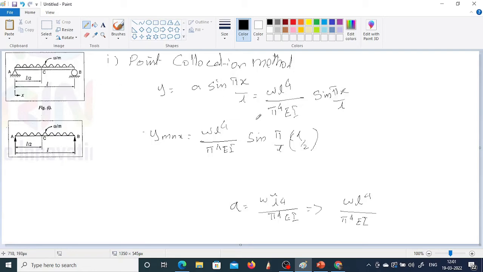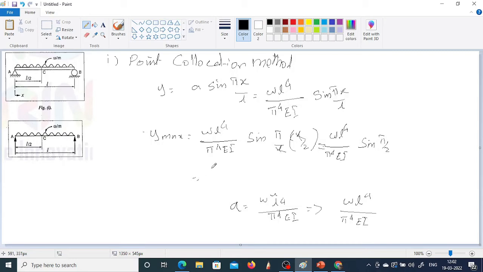Now I can remove the L term from the area. So this equation can be written as W L power 4 divided by pi power 4 EI into sine pi by 2. What is sine pi by 2? Sine pi by 2 is equal to 1.